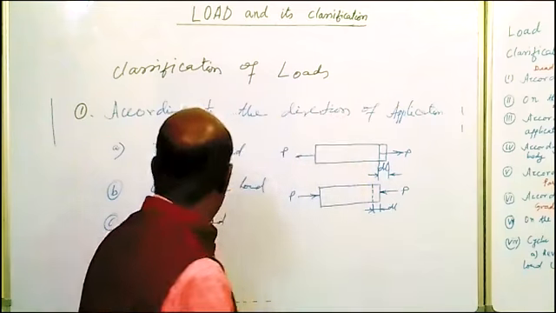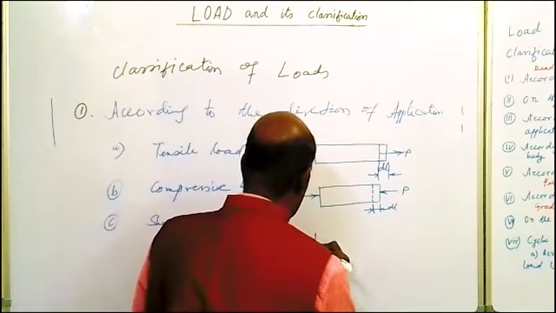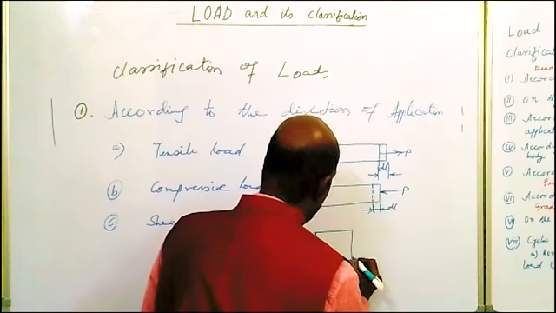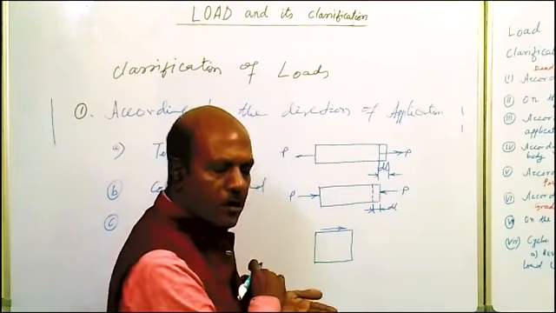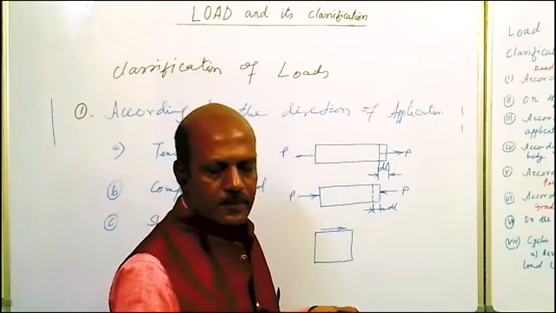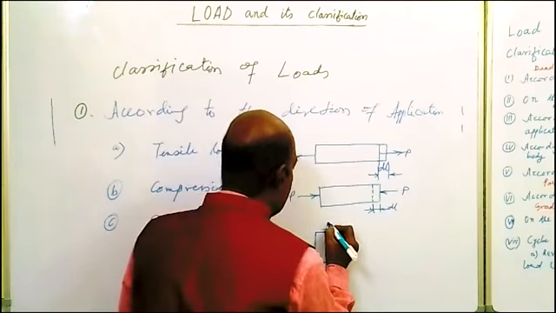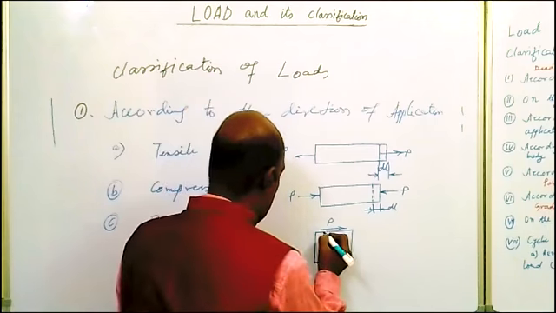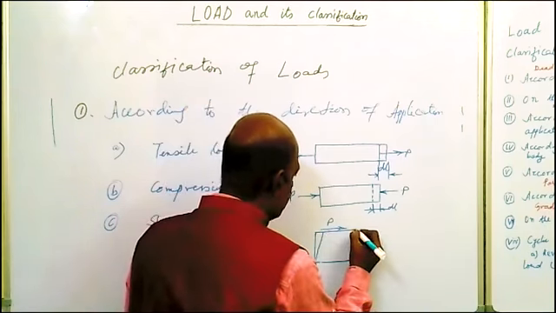That kind of load is called compressive load. And the third kind of load is called tangential load. Say this is the body. If the load is acting over the body on a surface tangentially, so load P is acting tangentially on a surface, this load will change the shape of the body.